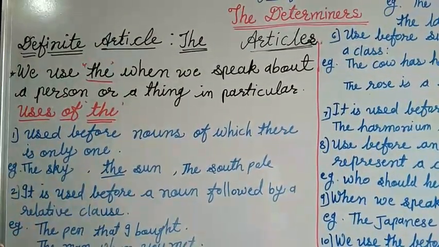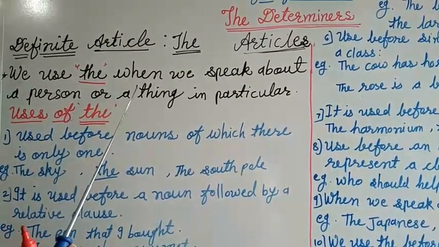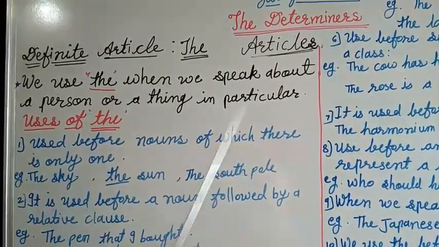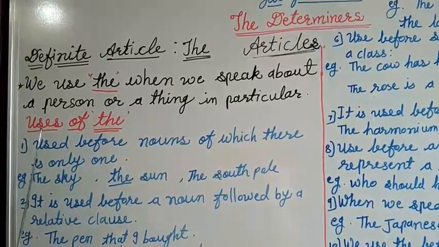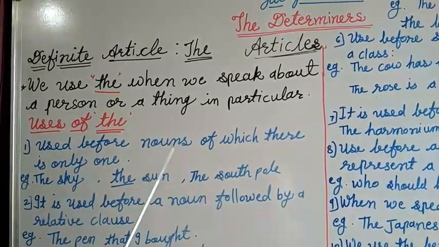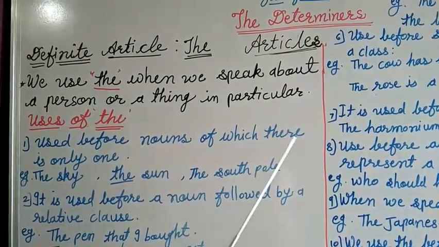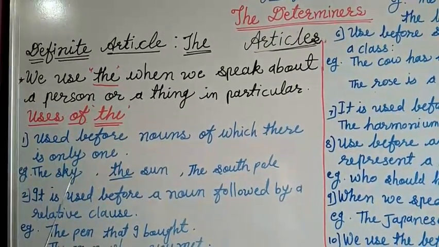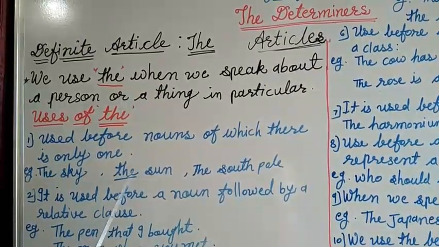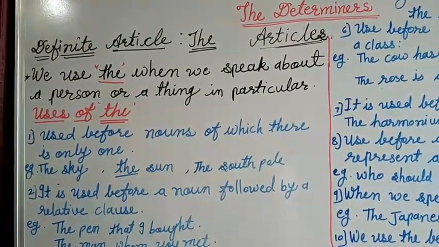Article "the". We use "the" when we speak about a person or a thing in particular. Uses of "the": used before nouns of which there is only one. Sky, only one, and for that it is the sky, the sun, the South Pole.